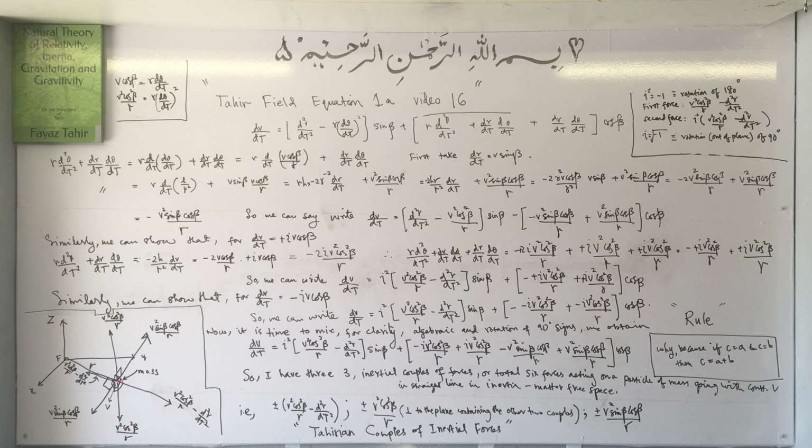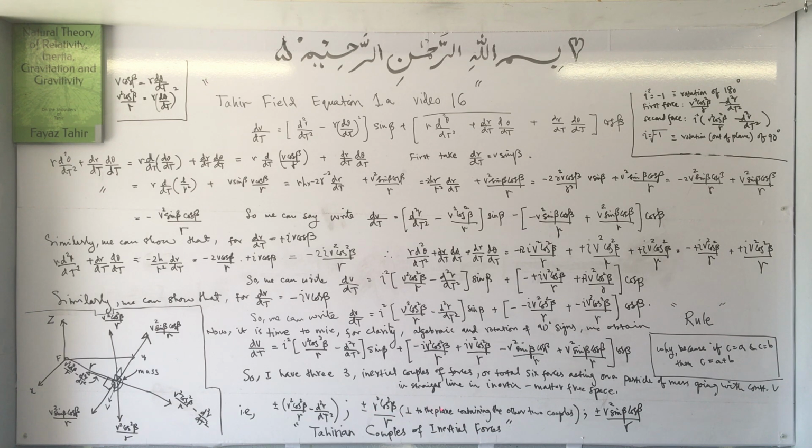When the particle is going in matter-free space, in inertia, in deep space where there is no matter, then three couples act on it. This force cancels this force, cancels this. So the net force on the particle going with constant velocity in inertia and deep space, in matter-free space, is 0. So we have Tahirian couples of inertial forces.